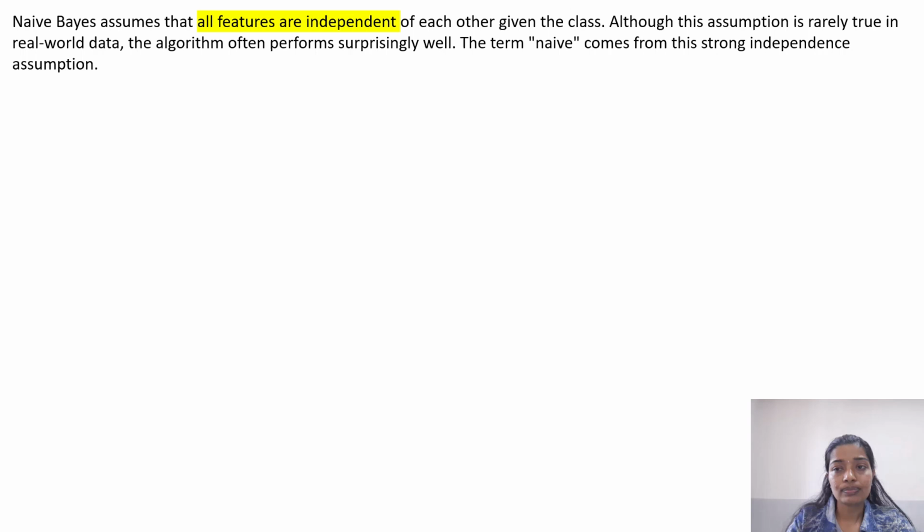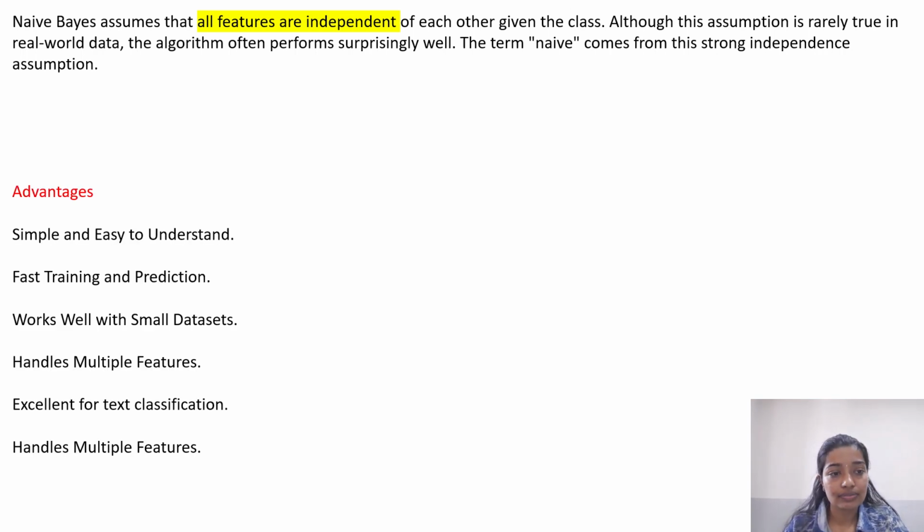So we call this algorithm naive. Bayes comes from the Bayes theorem, and naive comes from the assumption that the features are independent, which is not always possible. But still that doesn't affect the results. That is why this algorithm is called the naive Bayes algorithm.